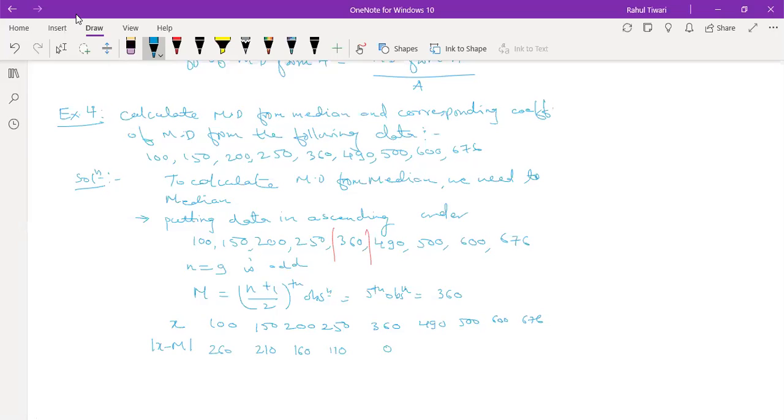Zero. This is 3 and 130. This is 40, 140. This is 240. And finally, this is 316.